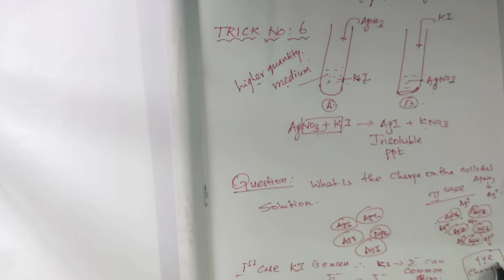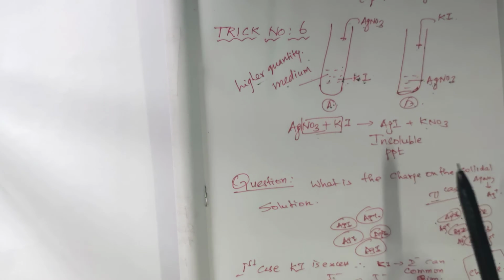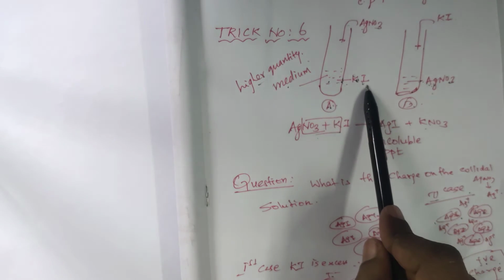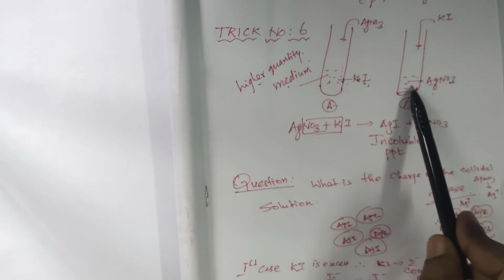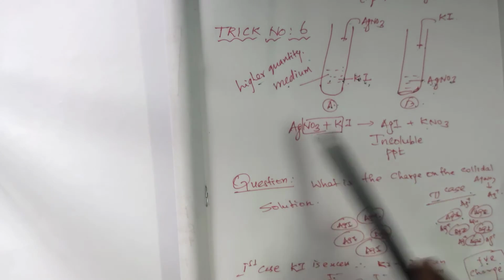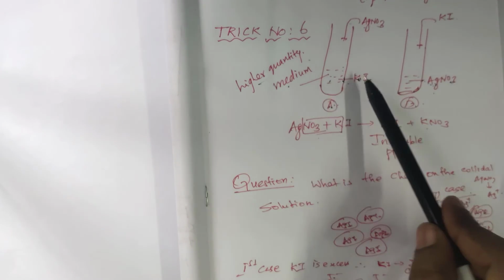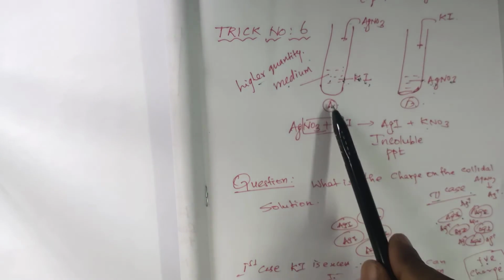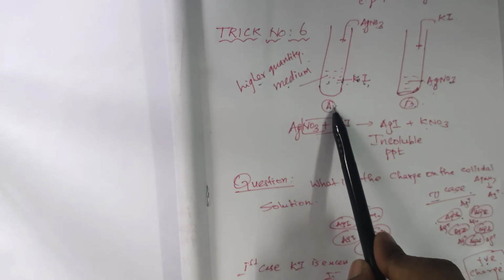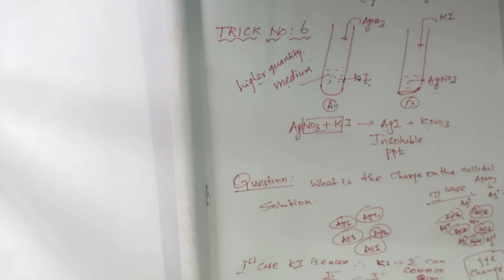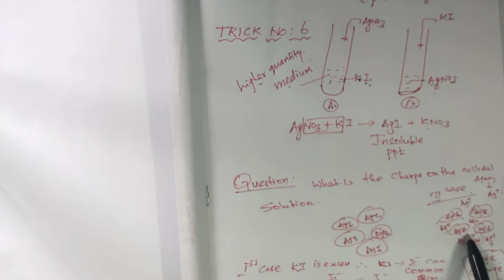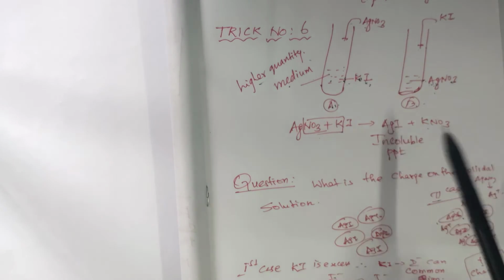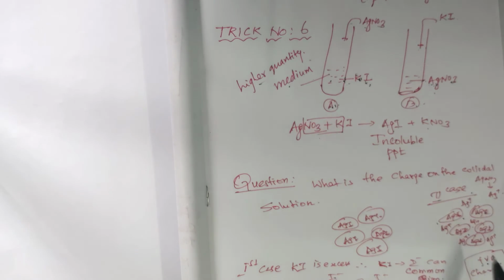It makes the positive charge. In the case of A, I- is the common ion, and in the case of B, Ag+ is the common ion with the precipitate. Therefore, with the excess of I-, colloid A carries negative charge. With AgNO3, Ag+ is the common ion. It makes the colloid positive in charge.